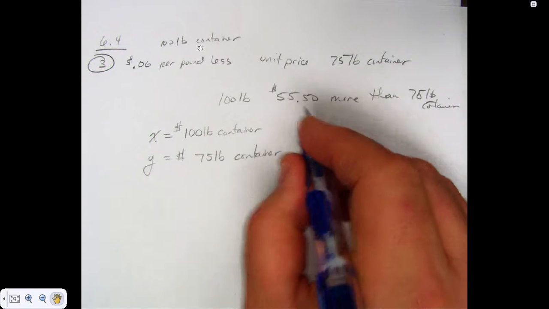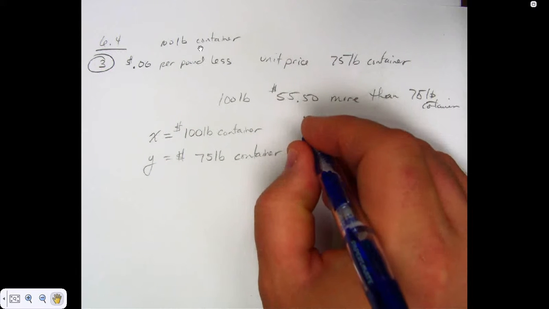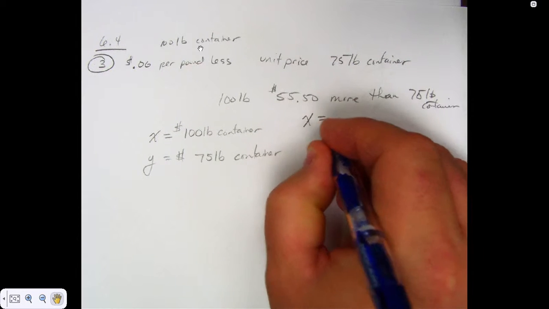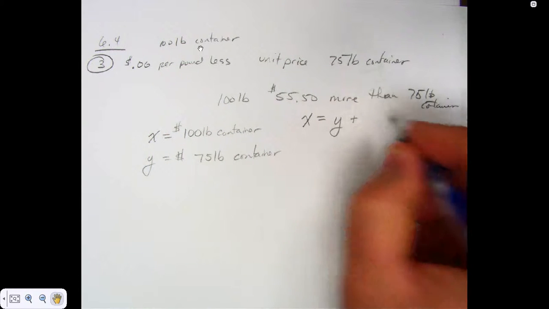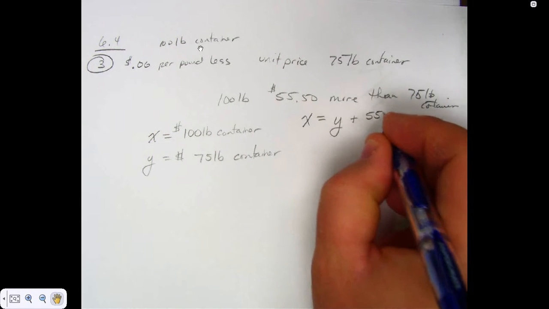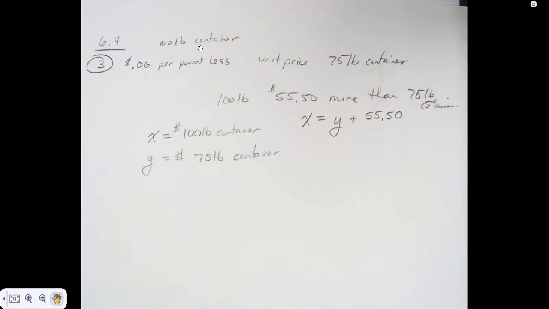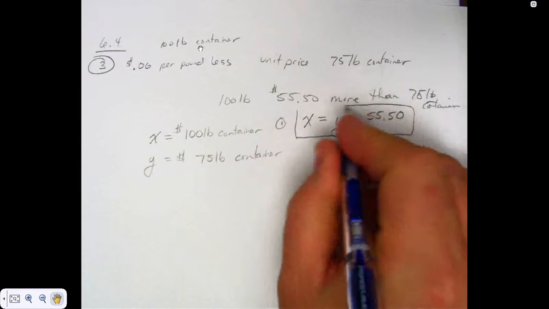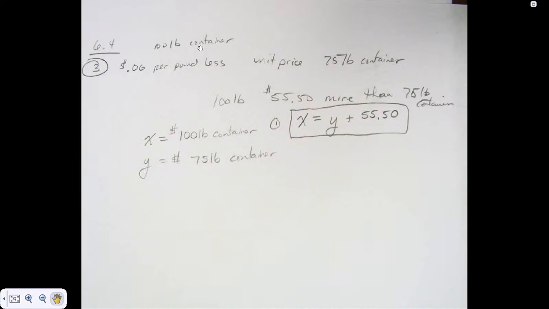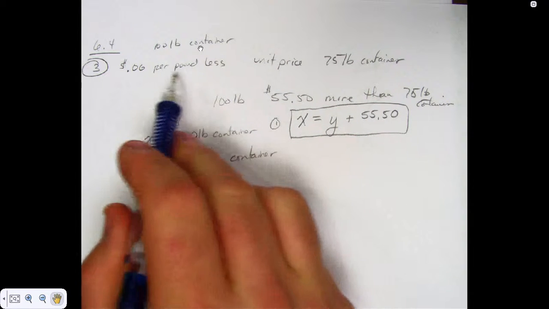If I was going to make this into a formula, the 100-pound container is equal to whatever the 75-pound container costs plus $55.50. Okay, so there's one equation. But I still have two unknowns, right? So I'm going to need to find a second equation.